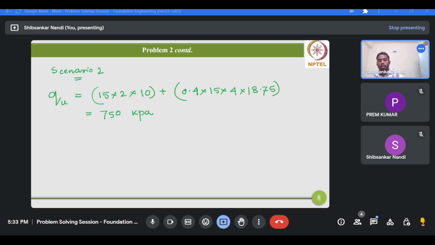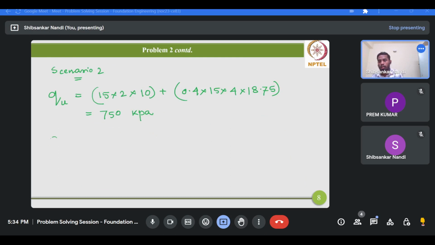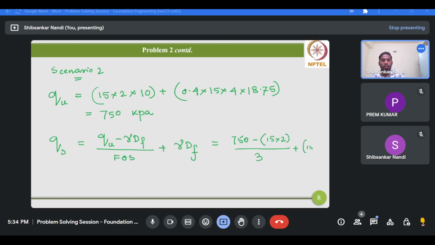750 kPa. But you have to report the safe bearing capacity with a factor of safety of 3. Therefore, q safe will be simply qu minus gamma Df, divided by factor of safety, plus gamma Df. So that means 750 minus 15 multiplied by 2, divided by 3, plus 15 multiplied by 2.